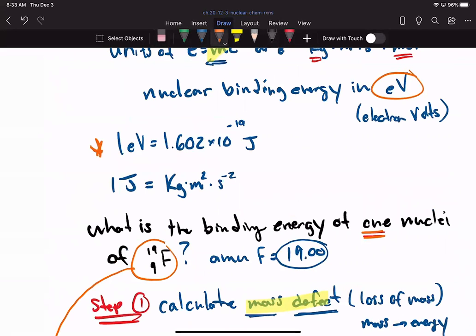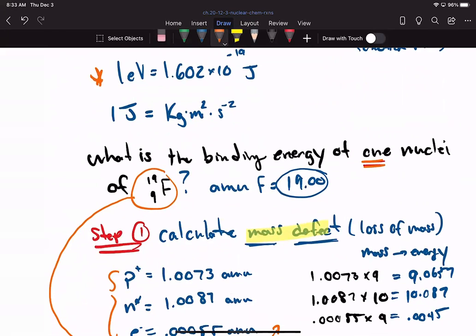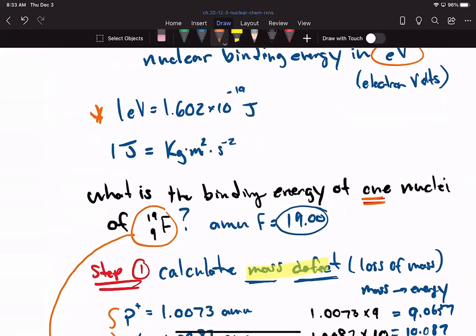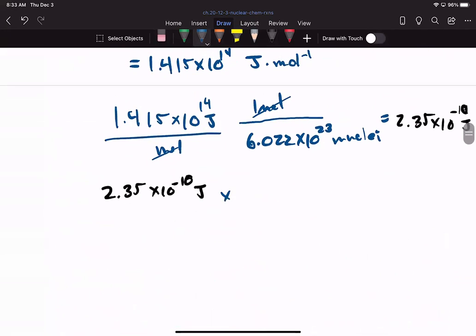We're going to convert joules into electron volts. So 1.602 times 10 to the minus 19 joules for 1 electron volt.